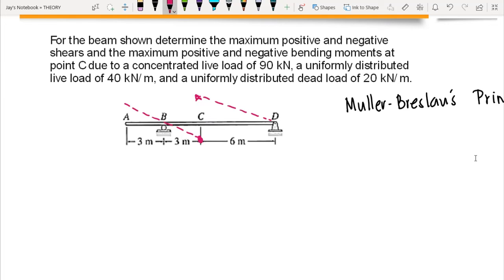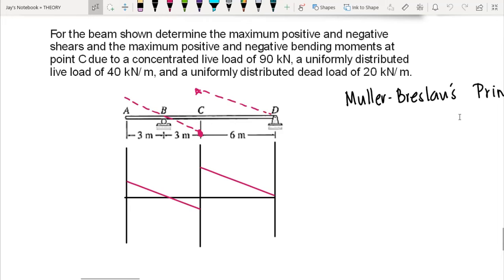And this deflection here is similar to our influence line. So basically, if this is our deflection due to the shear at both sides of our point C, therefore this would also be our influence line diagram.